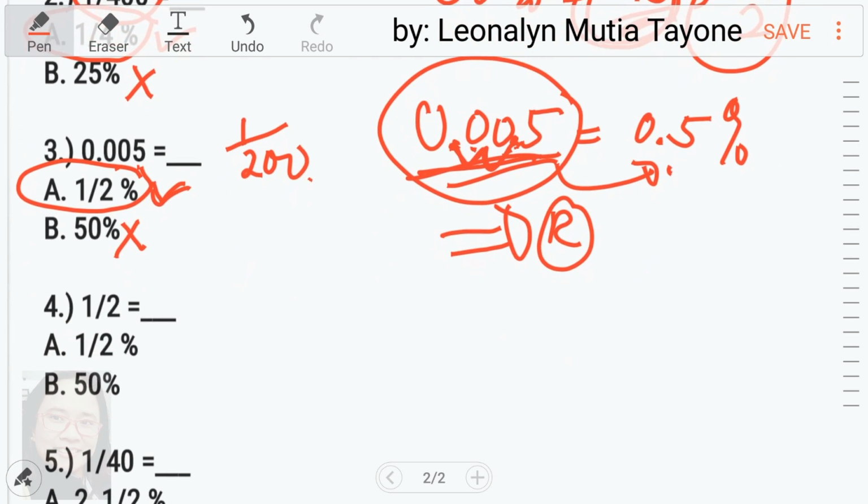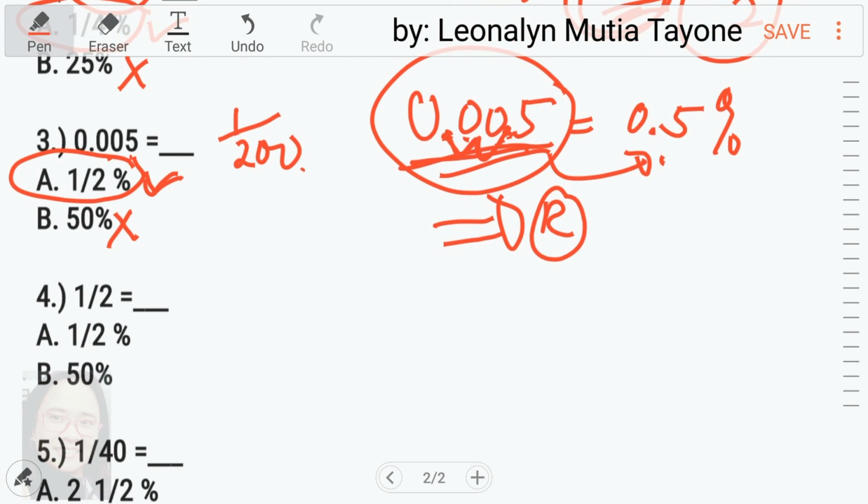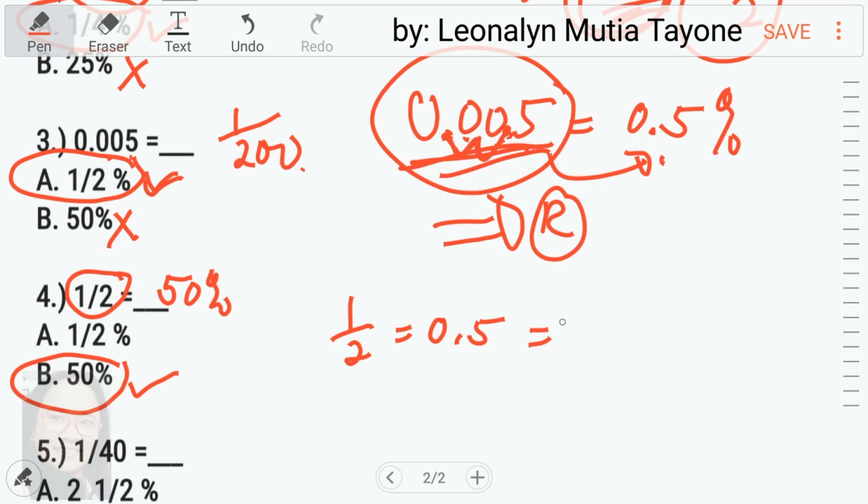Now, dito tayo sa number 4. Ito yung totoong 50%. So, ang sagot dito sa number 4 ay letter B. Always remember, 1/2 or 0.5, that is equivalent to 50%.